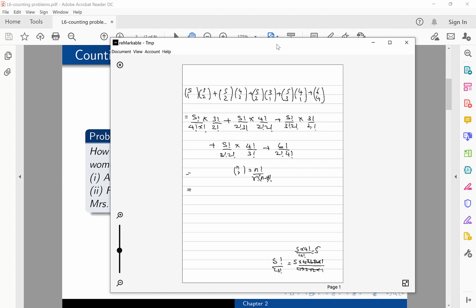Okay, so let's see. This is 5 times 3 factorial by 2 factorial, which is 3. Plus 5 factorial, the second term, you'll be left with 5 times 4. The 3 factorial will cancel out. I have 2 factorial, which is just 2 basically. So I'll let this be.